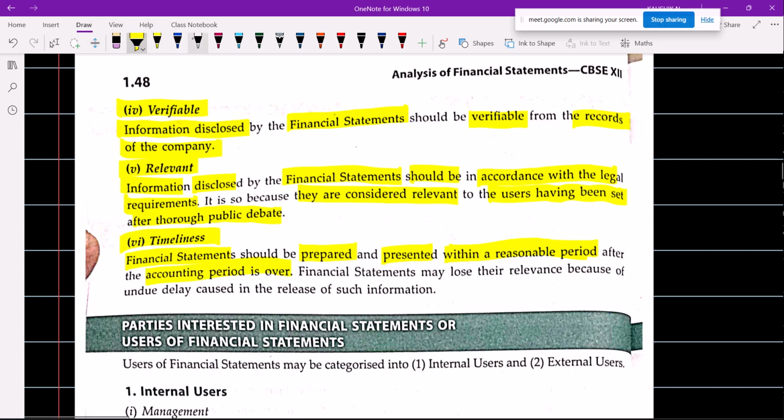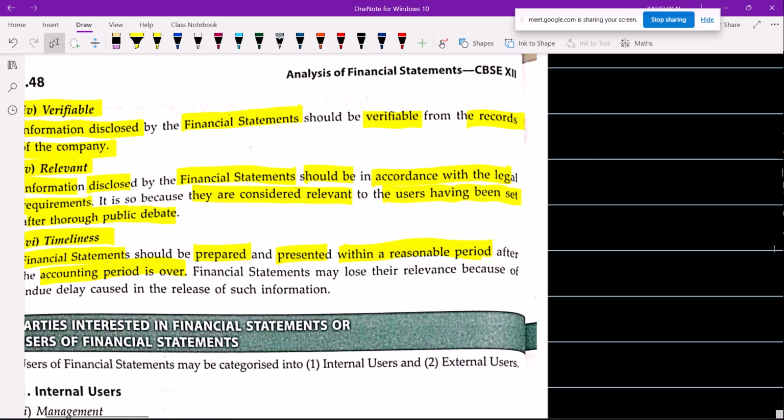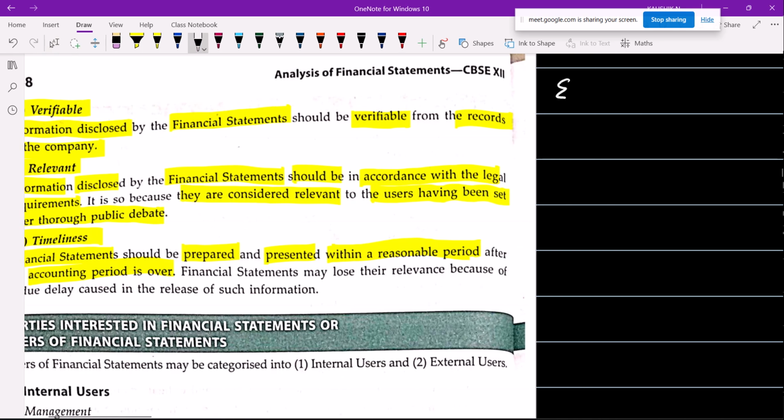Say for example, my accounting period is April to March. That means from 1st April 2024 to 31st of March 2025.